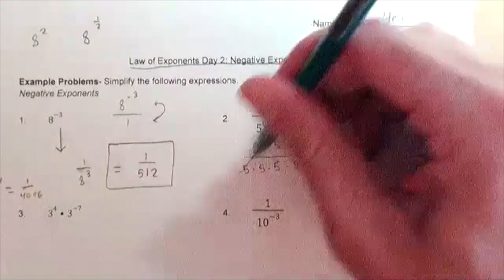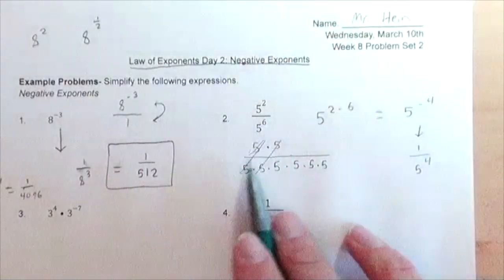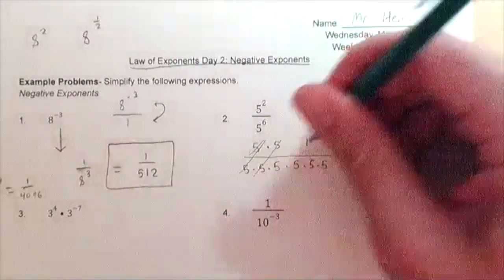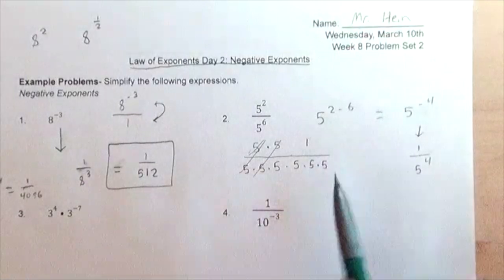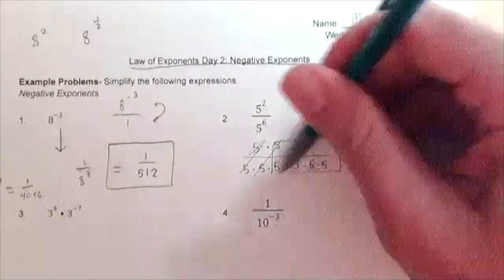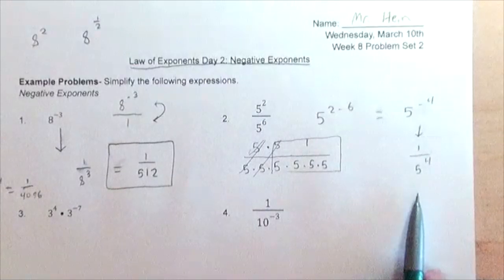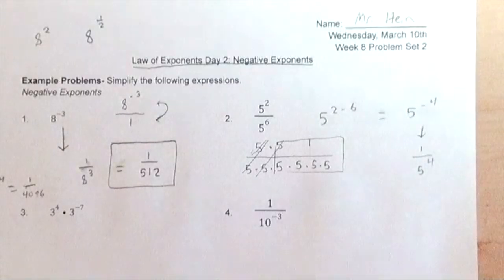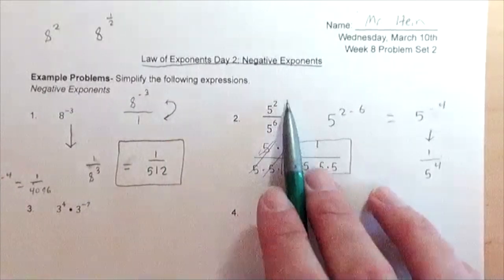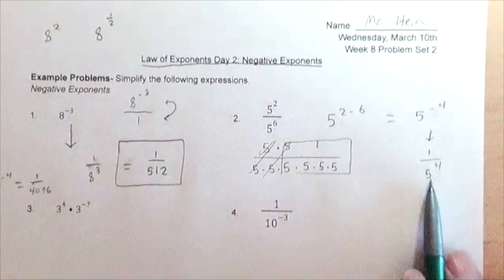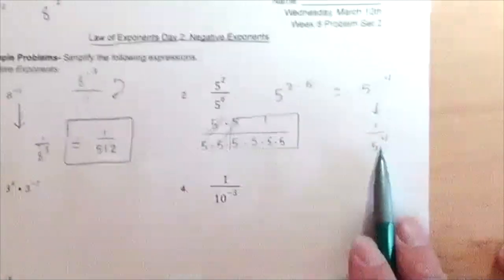And we can do the exact same thing here, okay? Those 5s cross out and all that's left is 1 over 4 5s on the bottom, which is the same thing as 1 over 5 to the 4th. I hope you can see it, but I think that's really, really fascinating. So if the bottom has more 5s, that means that the bottom is going to have our exponent, okay?